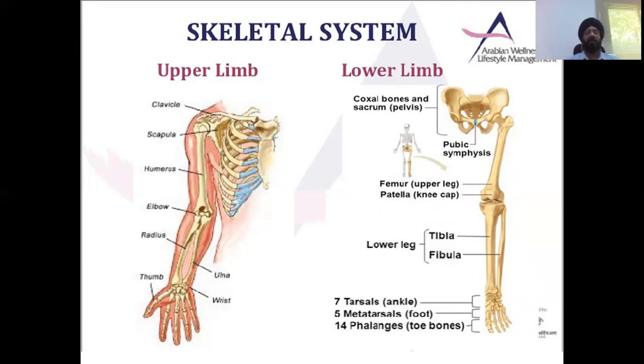Now the lower limbs. Lower limbs, like the upper limb, have a pelvic girdle, the hip bone, which connects to the lower extremities. The hip bone is in total divided into three bones: ilium, ischium, and pubis, which form the plate of the hip bone.